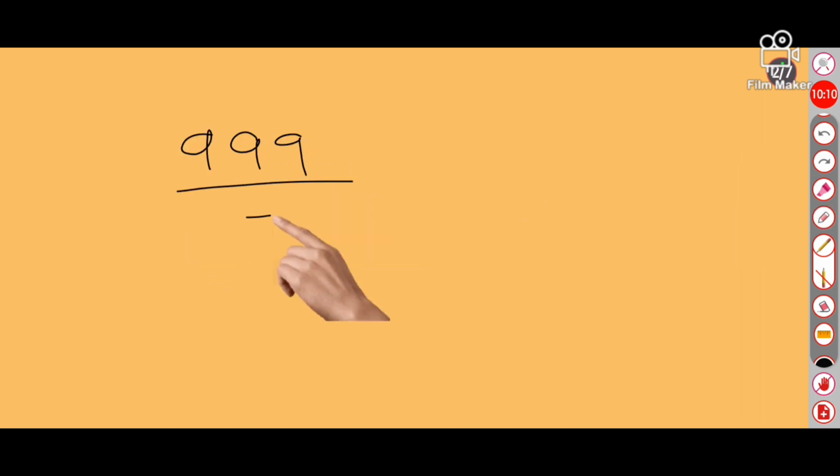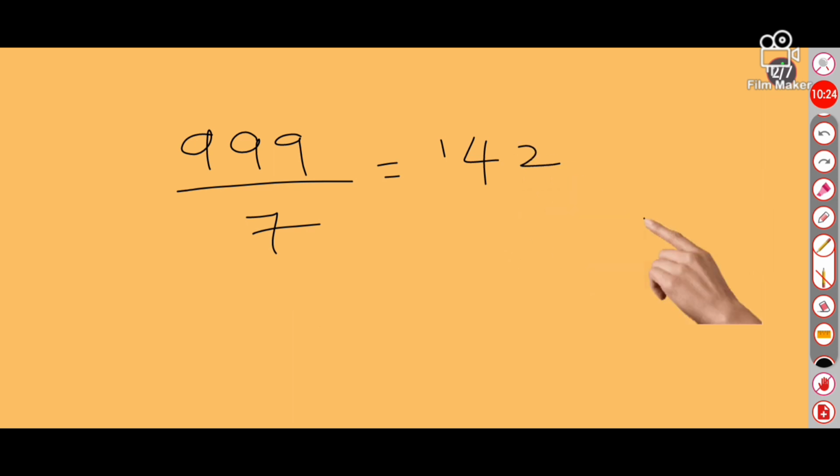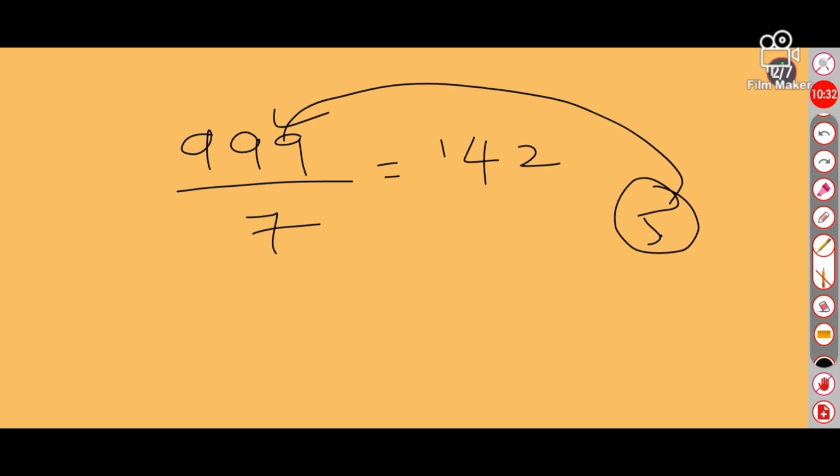When you divide 999, the highest 3-digit number, by 7, you get a remainder. 7 ones are 7, 29, 14, 21, 28, 7 twos are 14. So you get a remainder of 5. We should not have a remainder, so subtract this remainder 5 from the dividend.